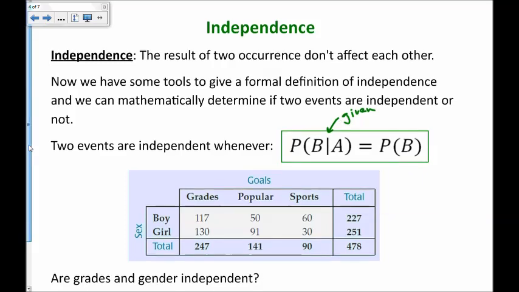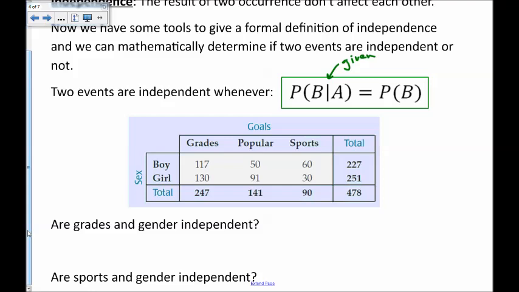Let's look at two questions with this same primary goal data. Are grades and gender independent? Well, we will look at the probability that grades are the primary goal given one of the genders. It doesn't matter which one you use. I will use girl, just like in the last example, and see if that's equal to the probability that someone's primary goal is grades.